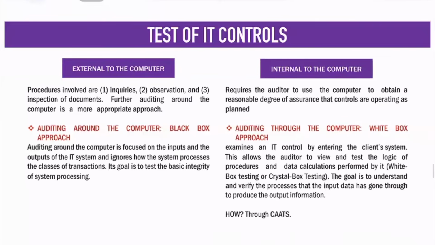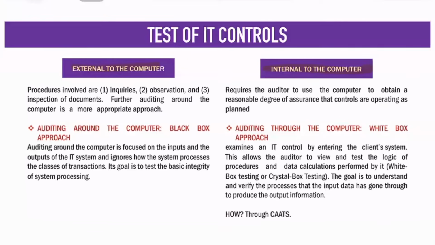So generally, what we test again are your different IT application controls. And whenever we test your IT controls, we have two tests of IT controls. That is external to the computer and internal to the computer. So first, external to the computer.